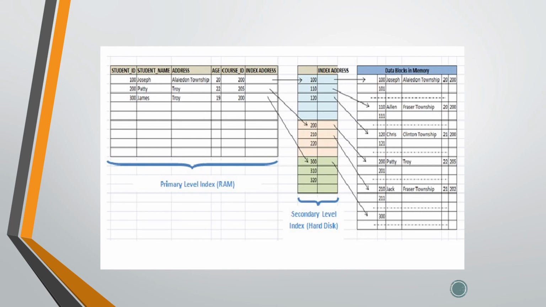We can notice that the address index in the first level is pointing to the first address in the secondary level, and each secondary index address is pointing to the first address in the data block. If we have to search any data in between these values, then it will search the corresponding address from the first and second level respectively. Then it will go to the address in the data block and perform a linear search to get the data.